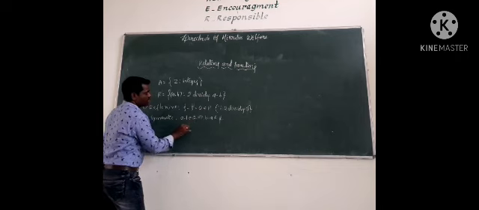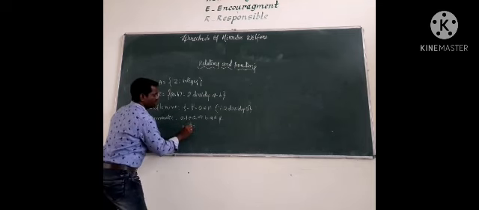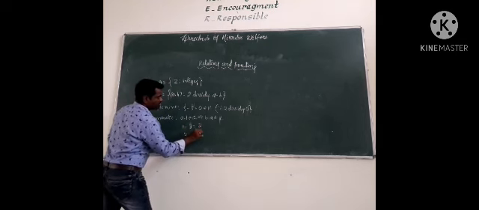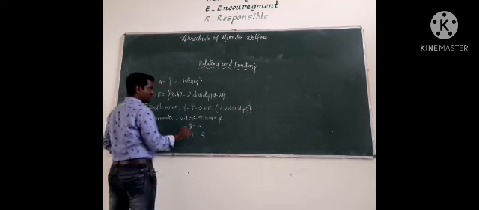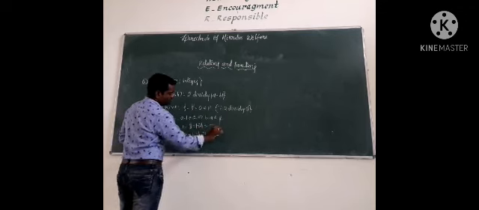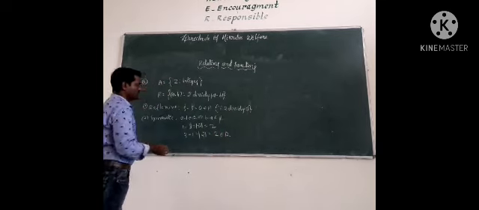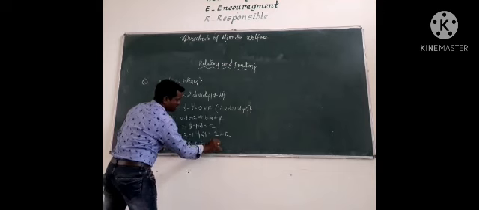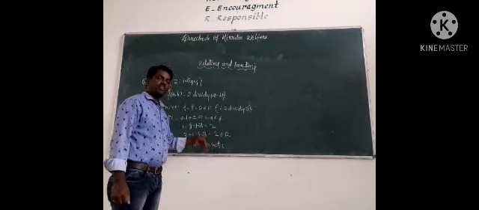You can take 1 minus 3 equal to minus 2, and 3 minus 1 equal to 2. Under modulus, minus 2 becomes plus 2, which belongs to R. Therefore, R is symmetric, because 2 divides 2.